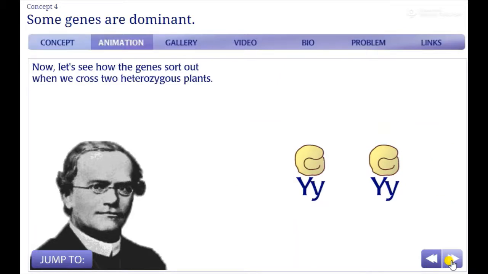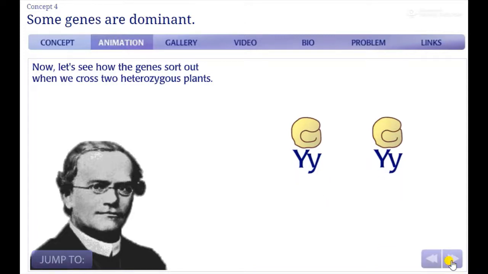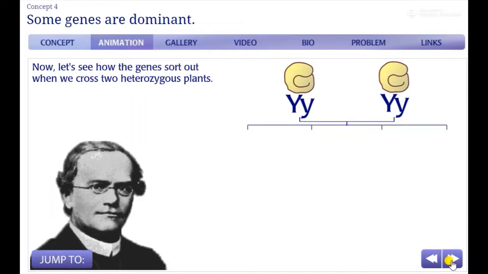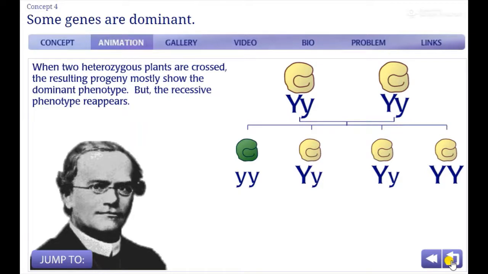Now let's see how the genes get sorted out, or the law of segregation, when we cross two heterozygous plants. Heterozygous plants have capital Y and small y. So this is how you can see that the gametes will get separated and form different individuals.